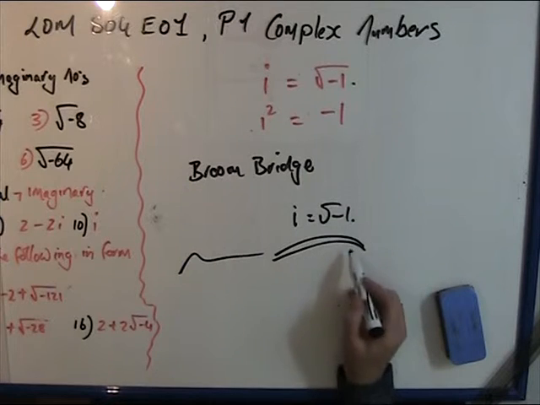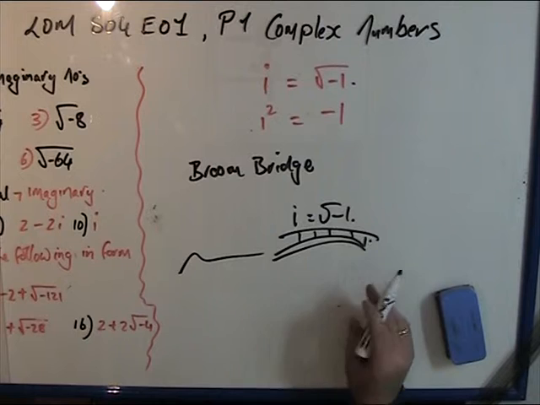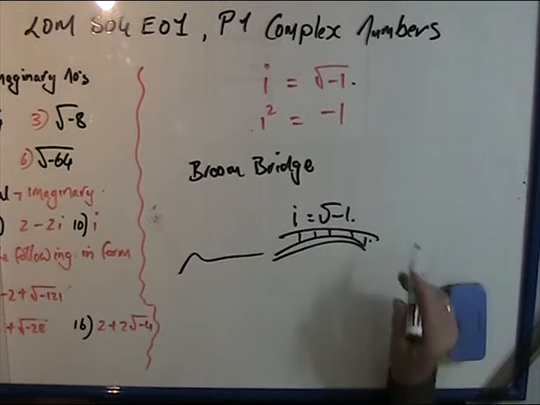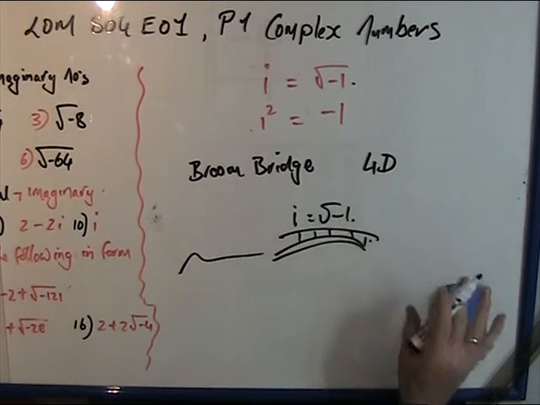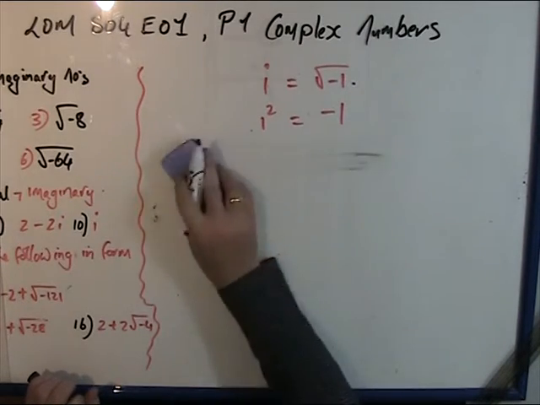It was a moment of inspiration he had, but it helped a lot of people in fourth dimensional planes, four dimensional, which we won't get into. So 4D was all to do with abstract algebra. But that's the main crux of it.